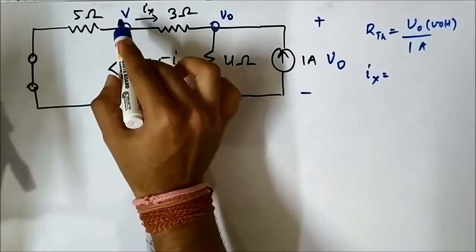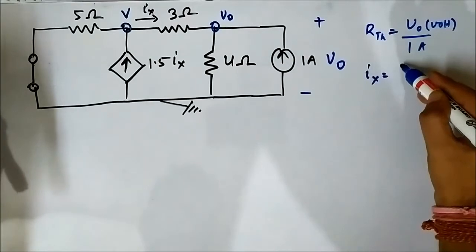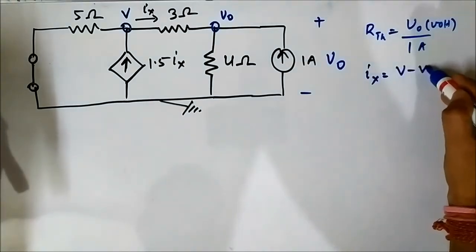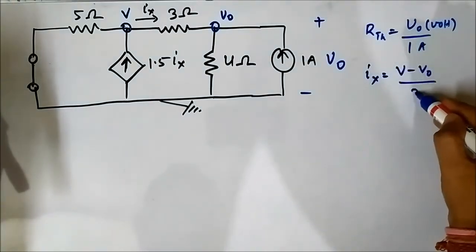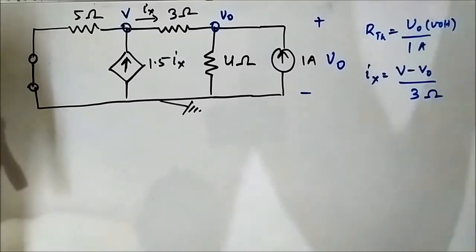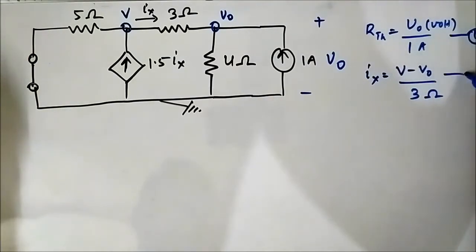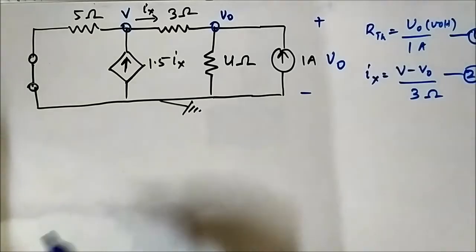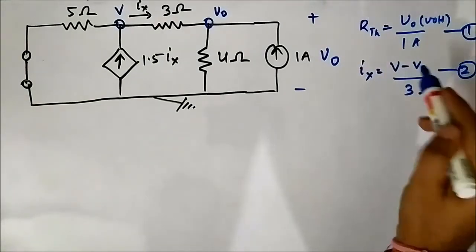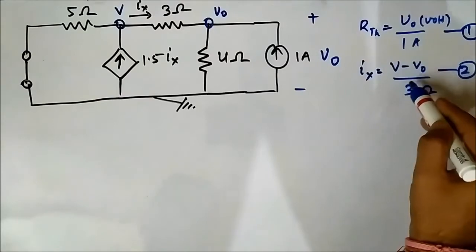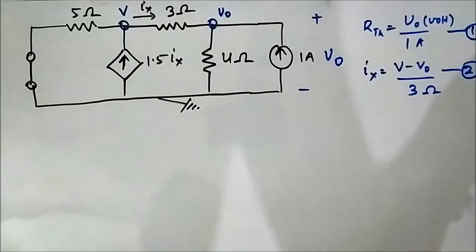The current is flowing from this node to this node, so it is V minus V0 by 3 ohm. This is equation 1, this is equation 2. V minus V0 by 3 ohm, higher node potential minus lower node potential by resistance involved.